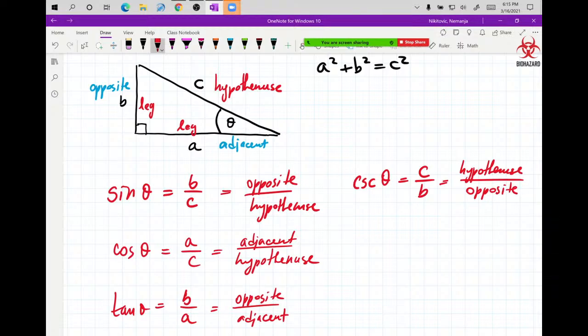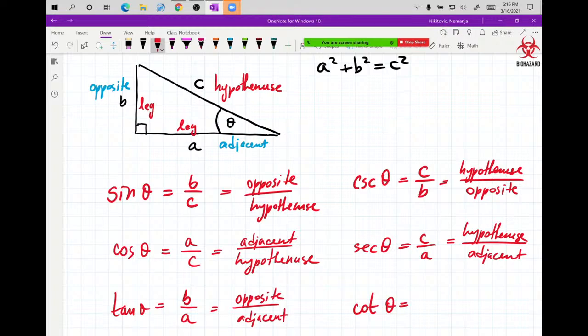And then we have the secant theta, which is going to be hypotenuse divided by the adjacent. And finally, we have the cotangent theta, which is adjacent over opposite, so a over b.